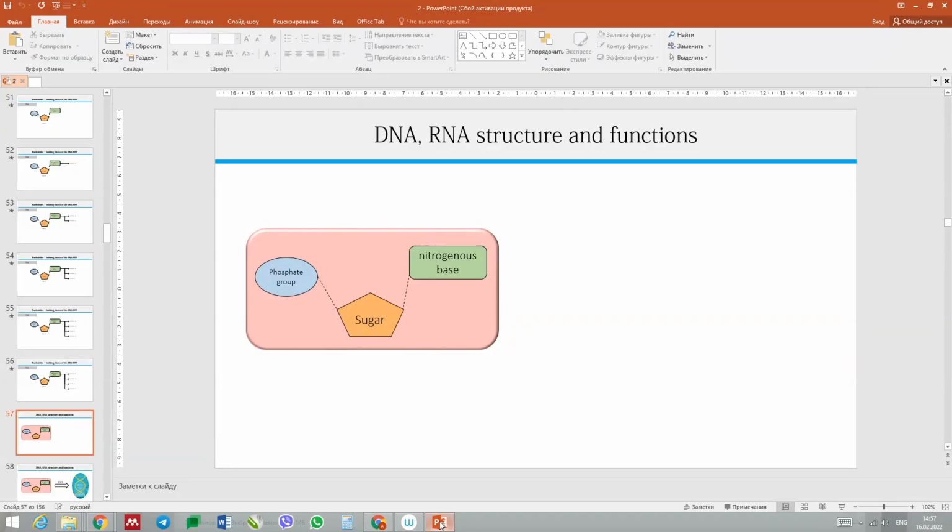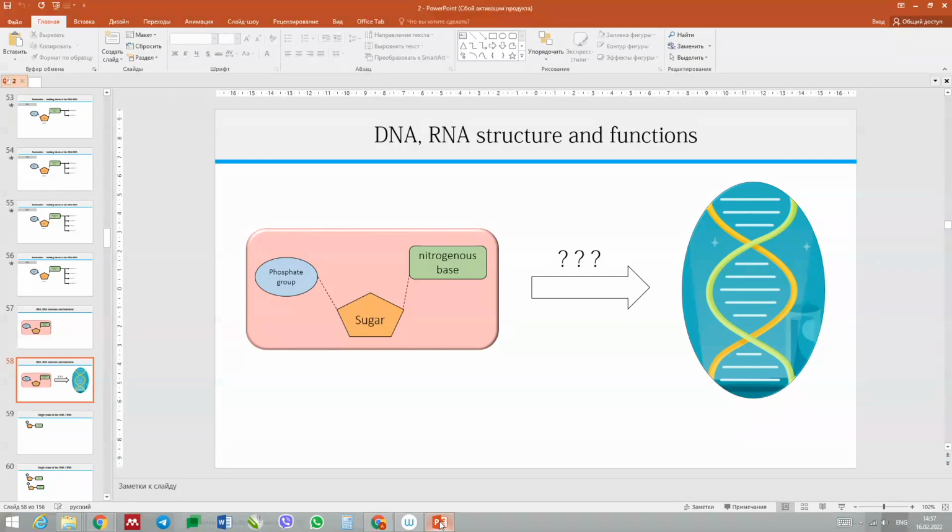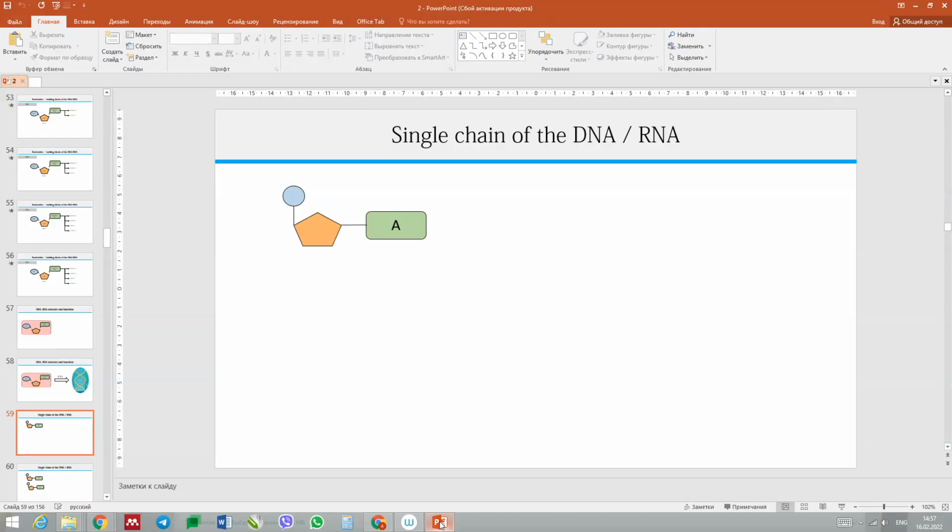of DNA or RNA. And now comes the question of how we can create this beautiful double helix with the help of these building blocks. Let's look at how it is created. Here you see a nucleotide of DNA composed of sugar, phosphate group, and nitrogenous base, here represented by adenine.